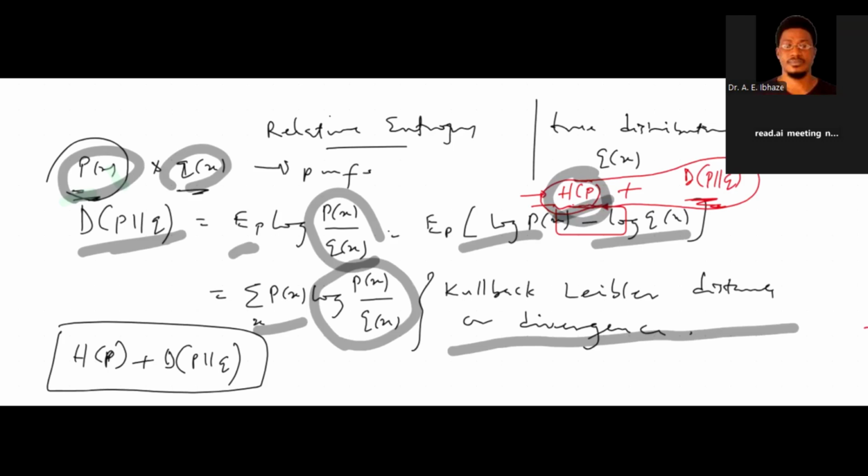So this is what we use to describe that code on average. Does that make sense?